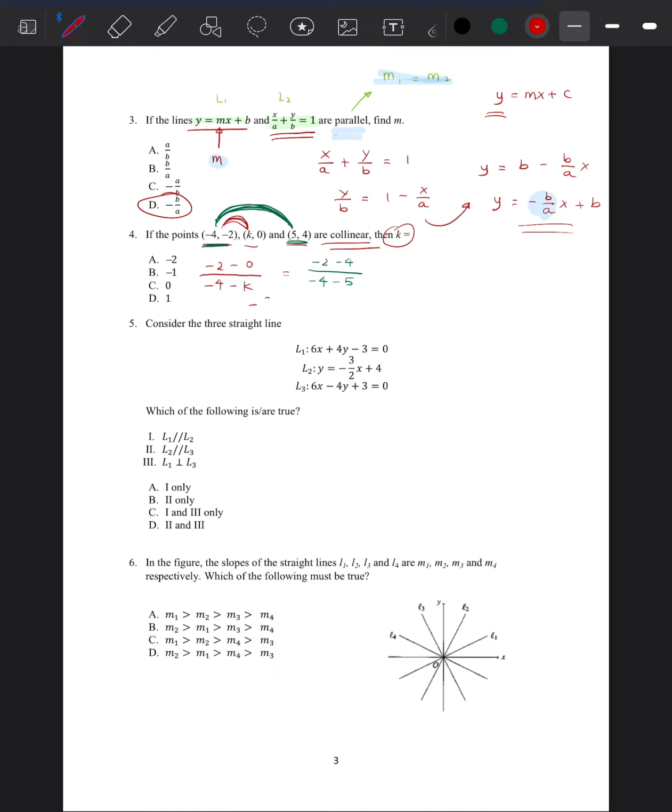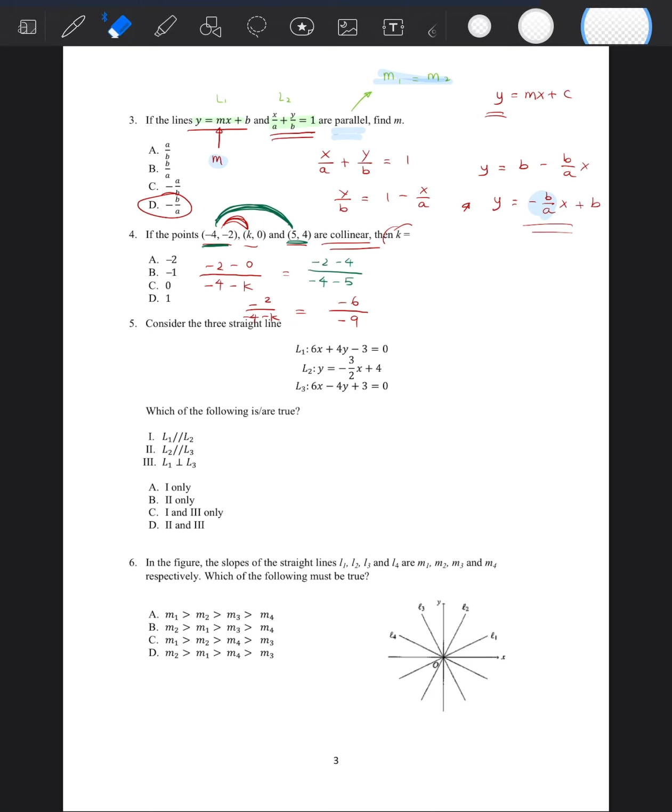On the left hand side, you have minus 2 minus 4 minus k equals minus 6 over minus 9. The negative sign, we can get rid of first if you don't want it. So you know that it is 2 over 4 plus k equals 6 over 9.